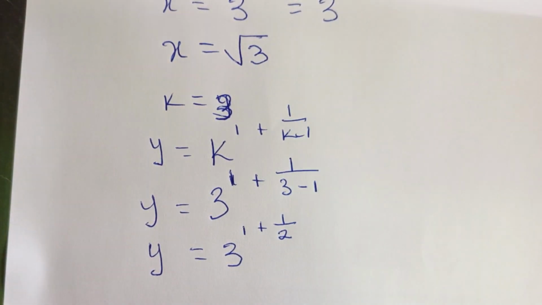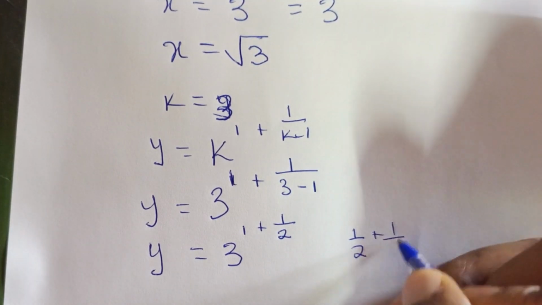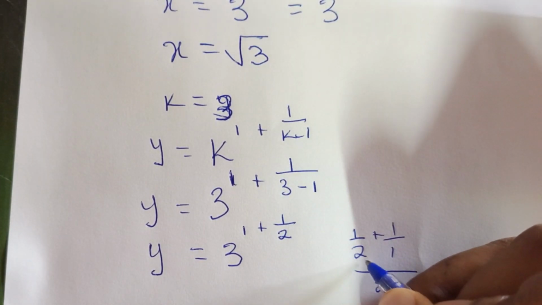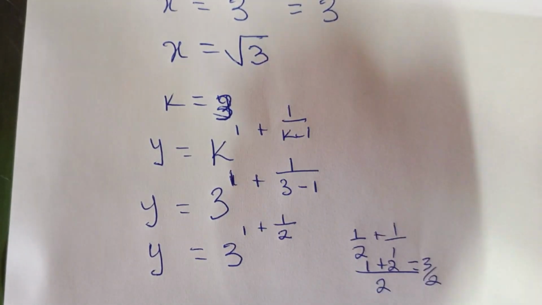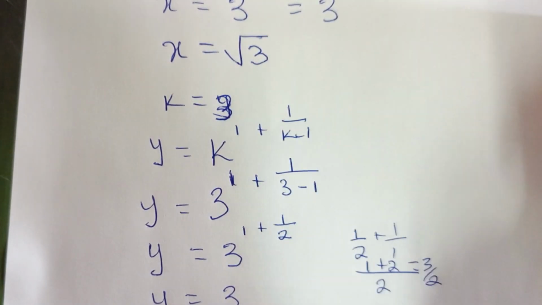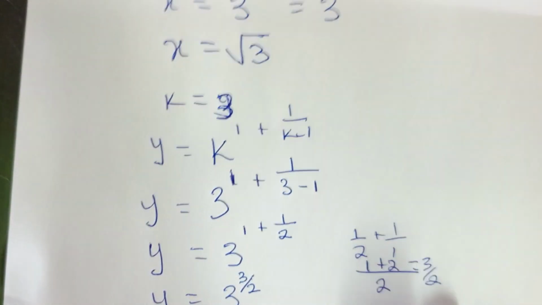Now, when you add 1 over 2 plus 1, you have 2 here. 1 plus 2, we have 3 over 2. So y will be equal to 3 raised to the power of 3 over 2.